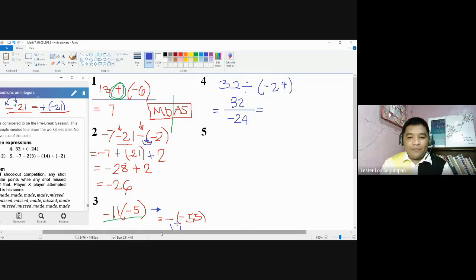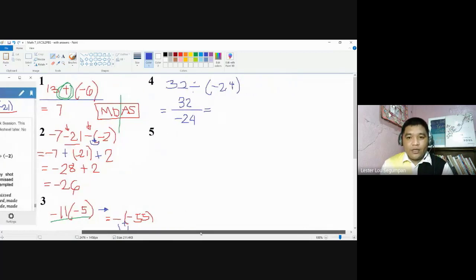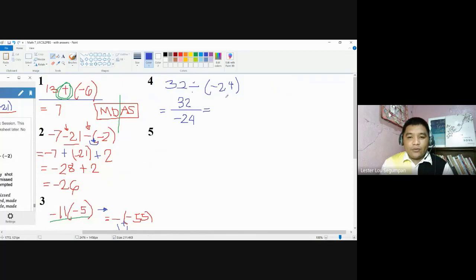By simplifying this in its lowest term, you will get 32 here as a product of 8 times 4 and negative 24 as a product of 8 times negative 3. Why do we do this? Because once we do that, we could use here the cancellation law and leaving the result to become 4 over negative 3.